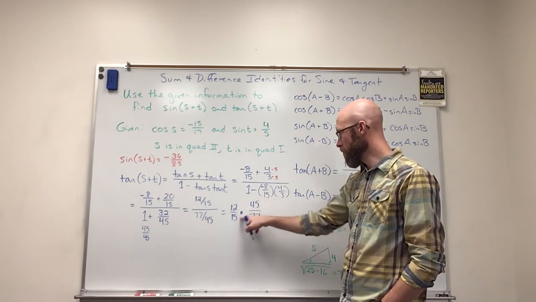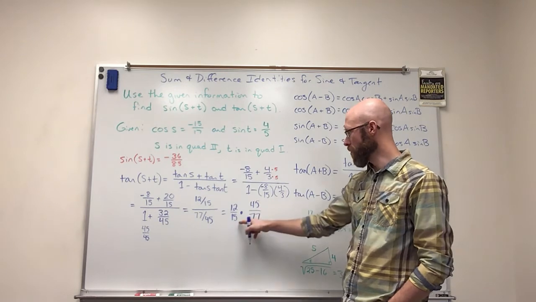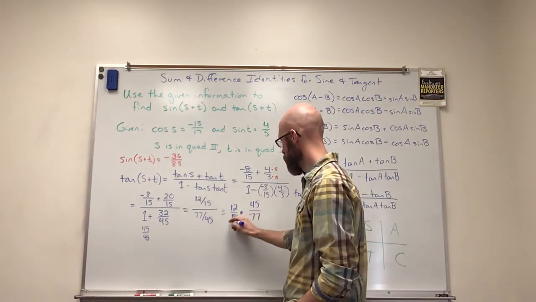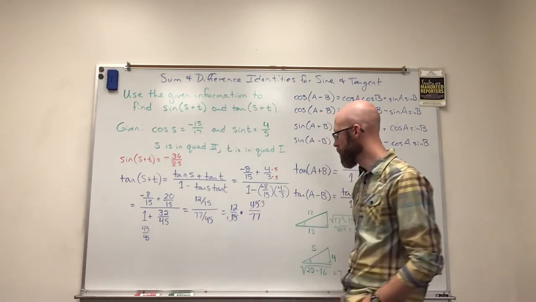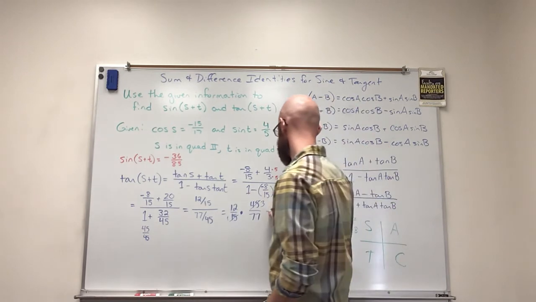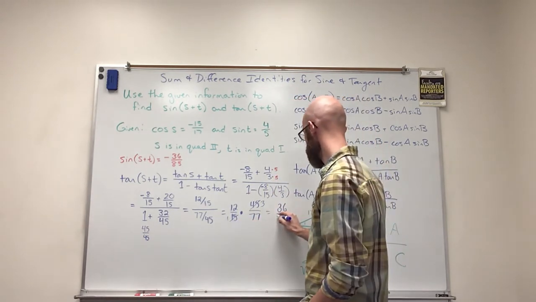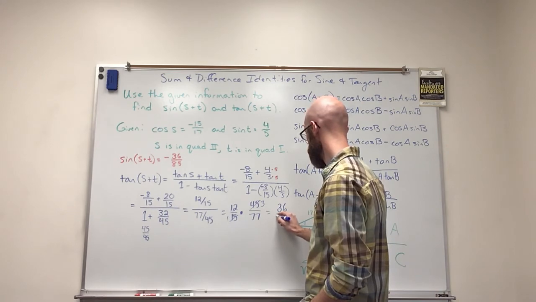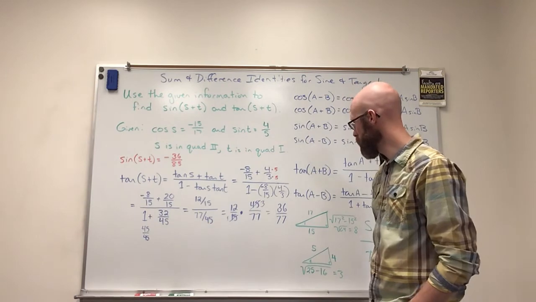I do like the 45 with the 15. I could also reduce the 12 and the 15, but let's do the 45, that'll be one step. Divide them both by 15, you get a 1 there and a 3 there. Nothing else really cancels. So 12 times 3 is 36. 1 times 77 is 77. I don't know why I hesitated there, but I did. Should be 36 over 77.